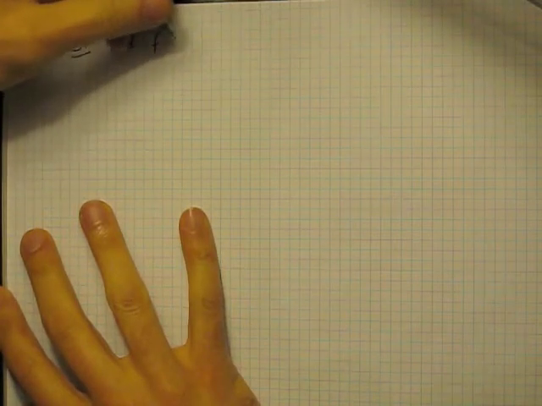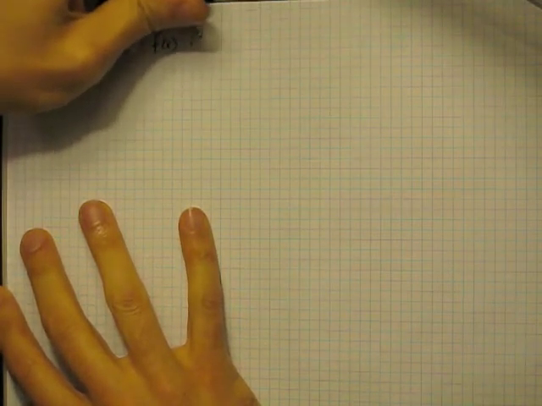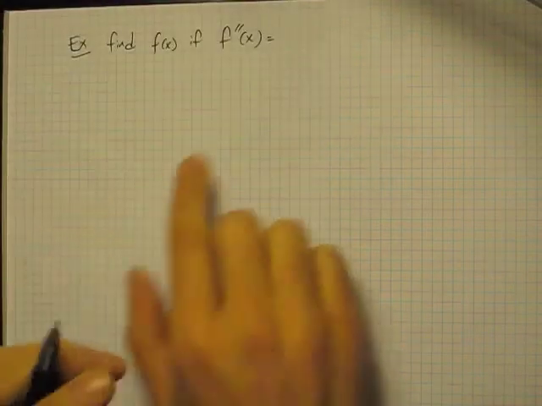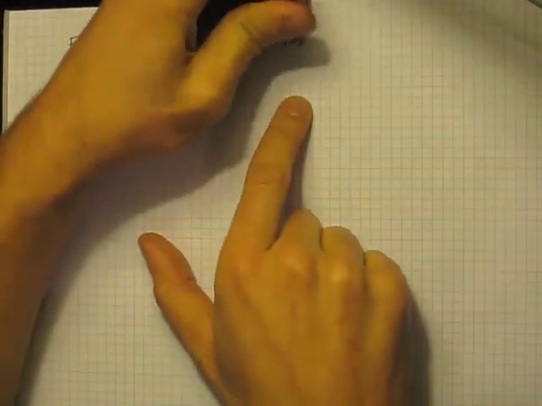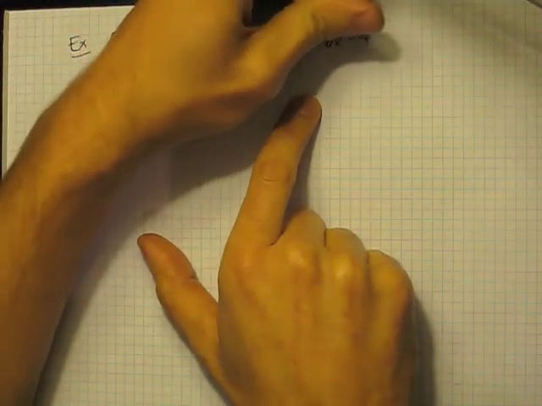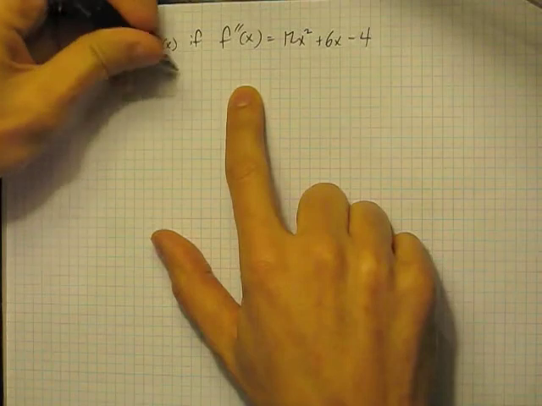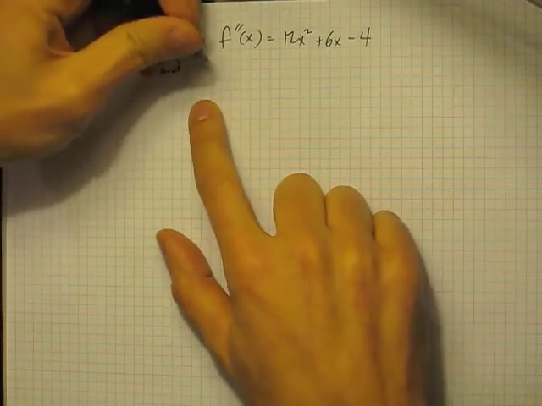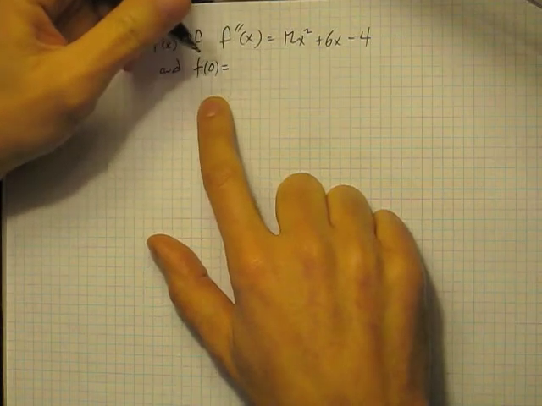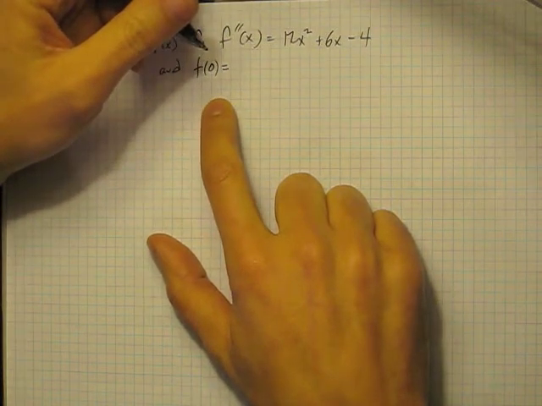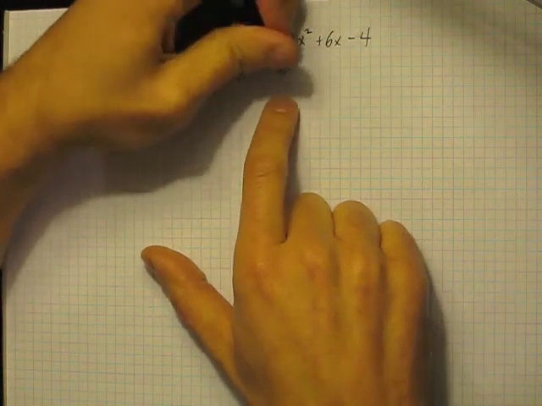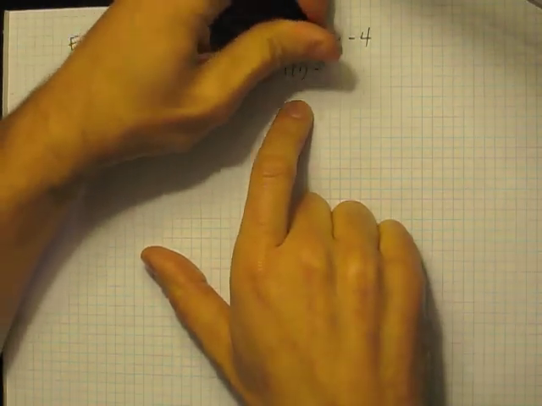Find f of x if the second derivative of f with respect to x is equal to 12x squared plus 6x minus 4, and we want f of 0 to equal 4, and f of 1 to equal 1.